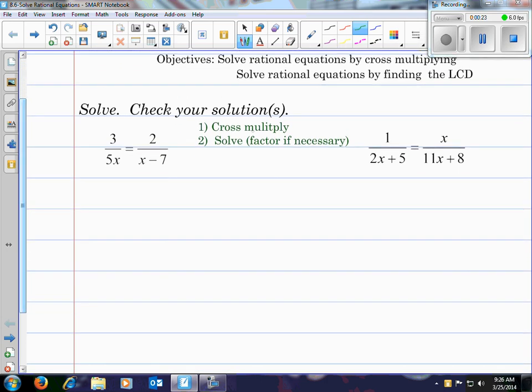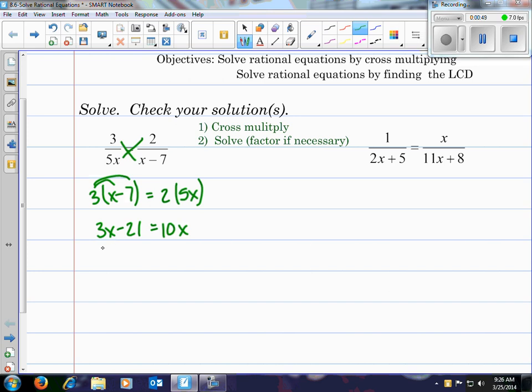So if I look at this, my number one step says to cross multiply. And we all know that we cross multiply like this. So I'm going to do 3 times x minus 7 is equal to 2 times 5x. And then I'm just going to solve for x. So I'm going to distribute here. So I have 3x minus 21 is equal to 10x.